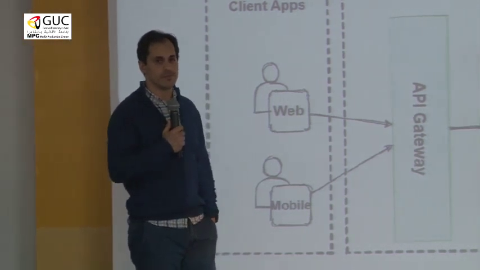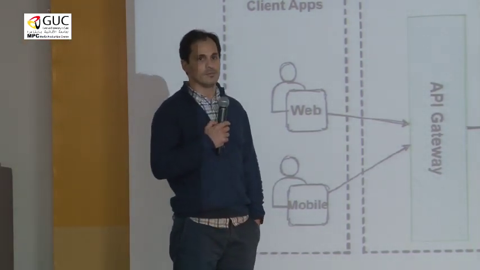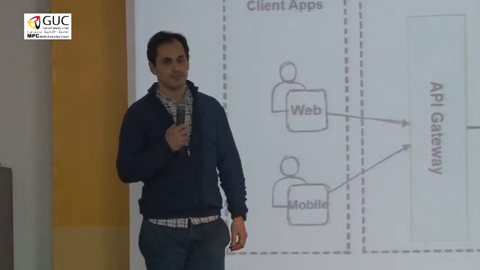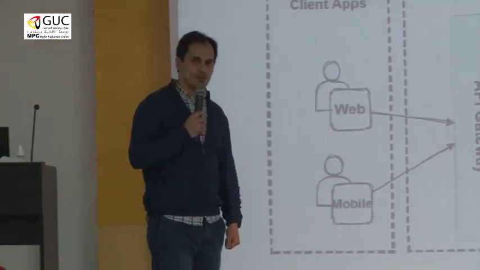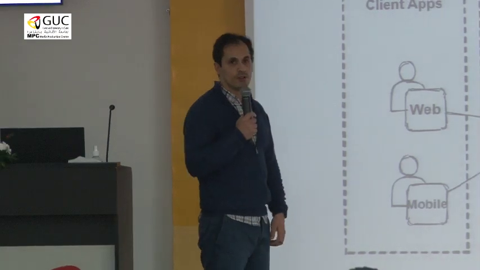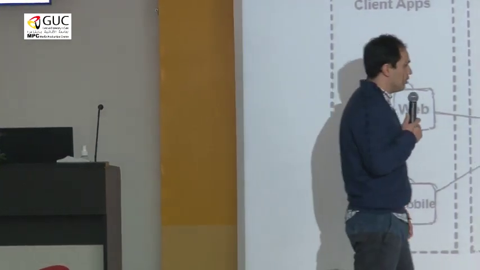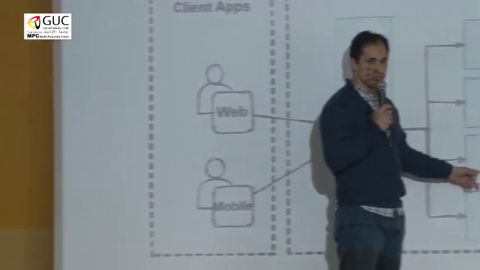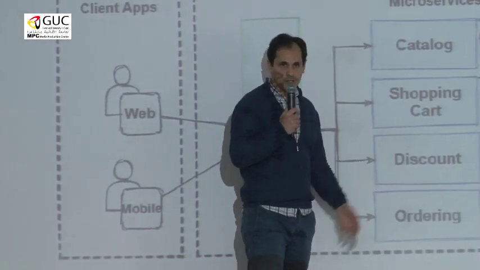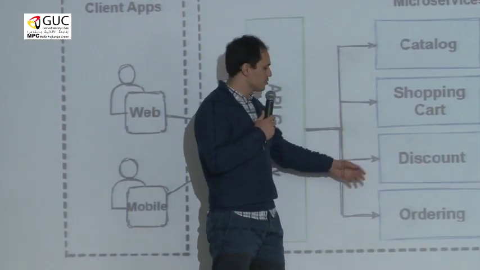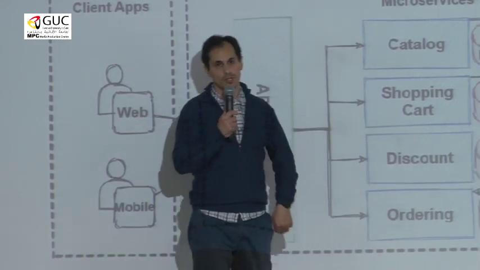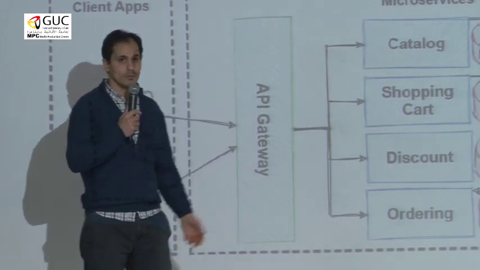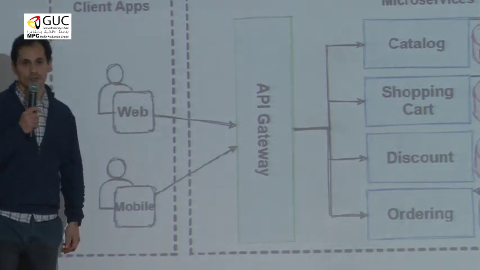If there is a bug or an error in the discount part, it will not affect the shopping cart or the catalog. Exactly. We avoid the downtime. If I make a mess here and my application for any reason doesn't start, the other services continue running. So I don't need to worry about it. We avoid having downtime.